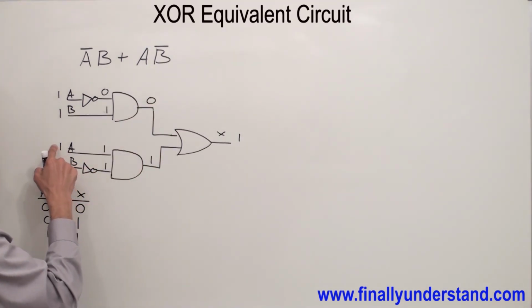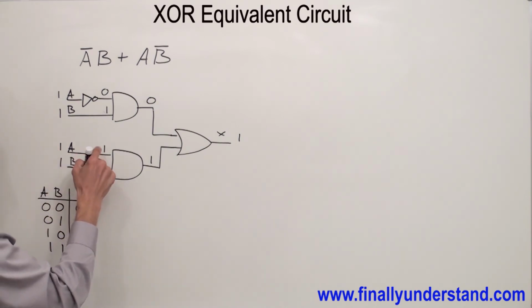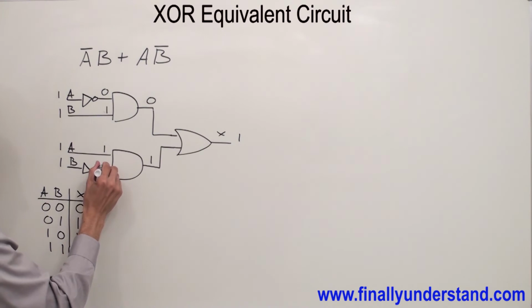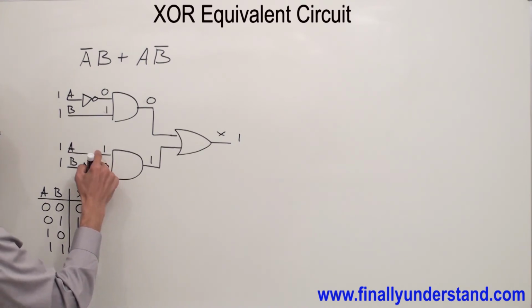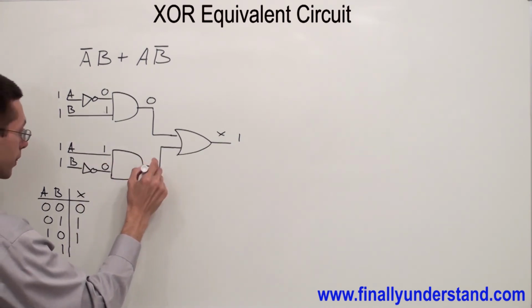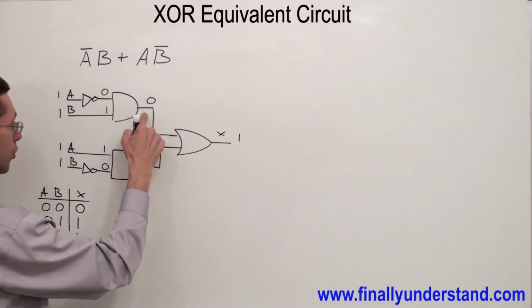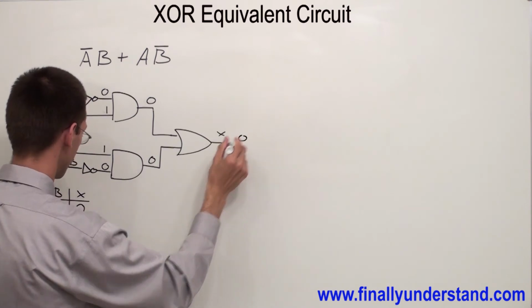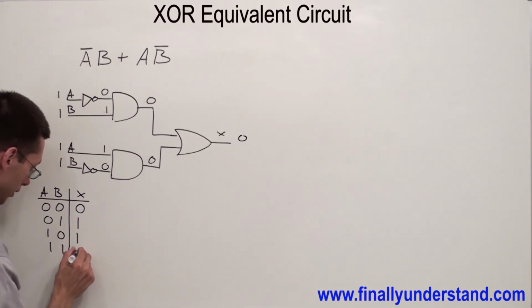Now we have 1 and 1, so B is going to be converted to 0. 1 and 0 gives me 0. 0 or 0 will give me 0.